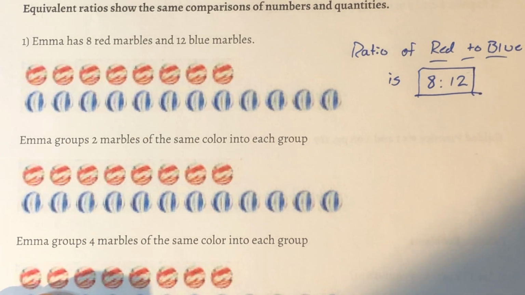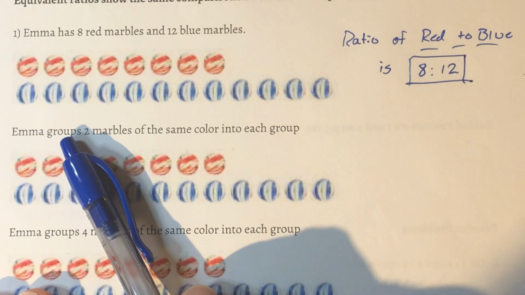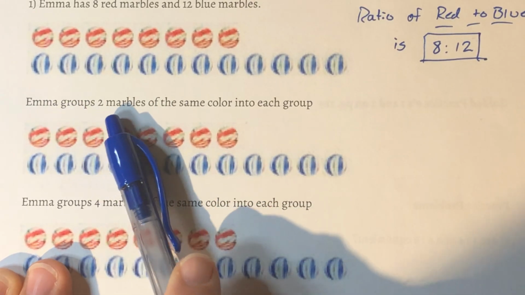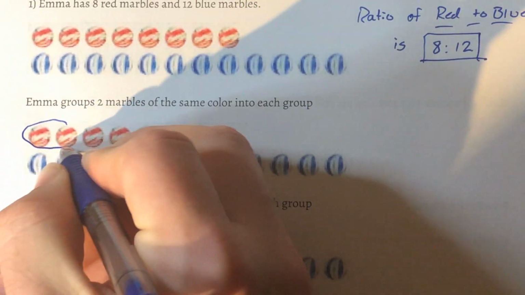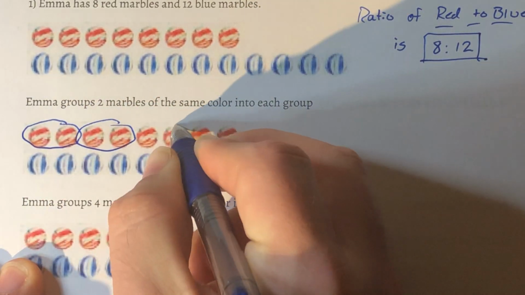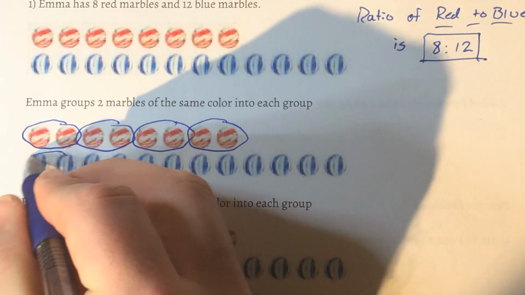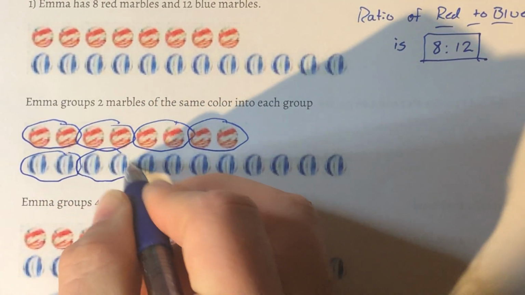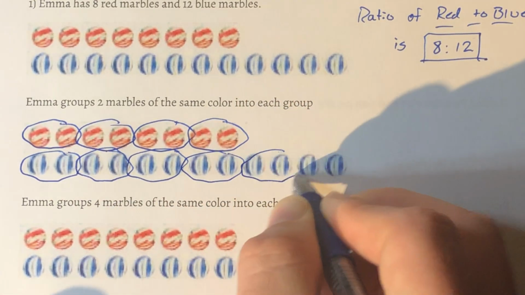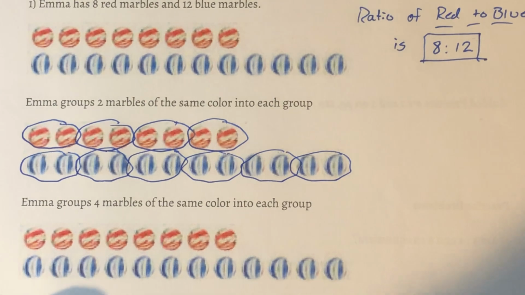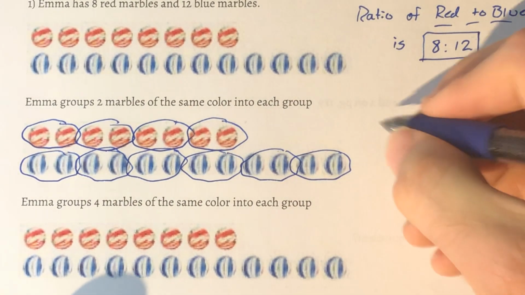Okay, let's say that Emma decided she wants to group them differently. So Emma groups 2 marbles of the same color into each group. So group of 2, group of 2, group of 2, group of 2. She does the same with the blue. Now, she didn't change the number of marbles, she just regrouped them.